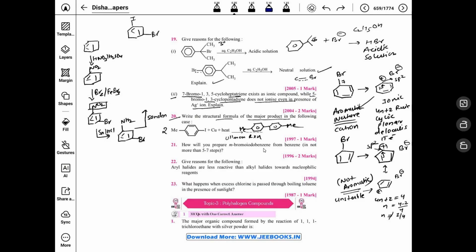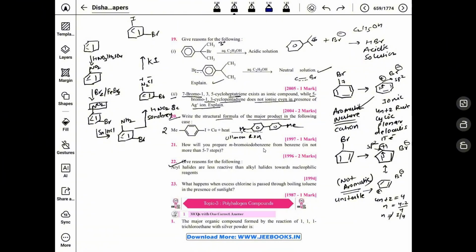So we can do the Sandmeyer reaction by treating with HNO2, nitrous acid, at 0 degrees Celsius to give the diazonium salt, and this diazonium salt can easily break down by treating with potassium iodide, and then you will have the requested target.